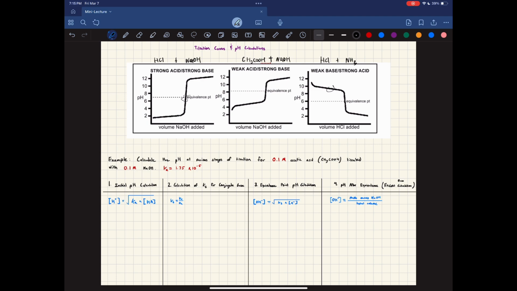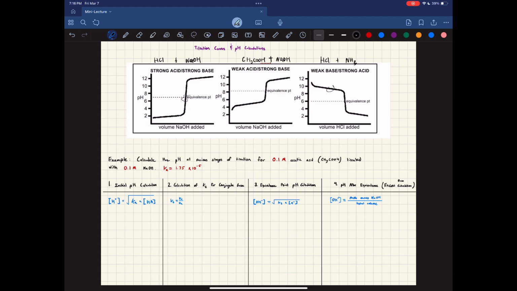Then the equivalence point is below pH 7, usually around maybe 5.5, since the conjugate acid form is weakly acidic. The pH change near the equivalence point is gradual, making the curve less steep than a strong acid, strong base titration.